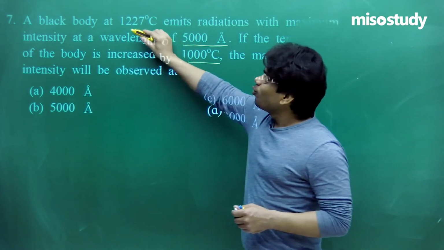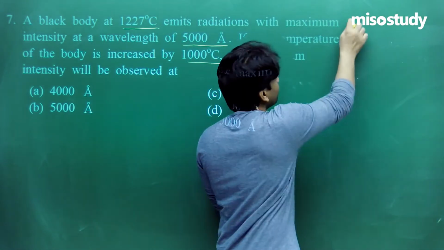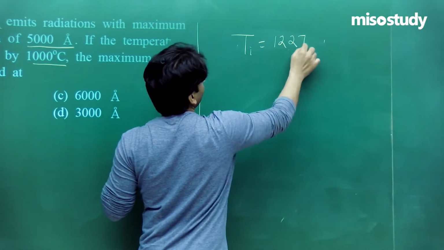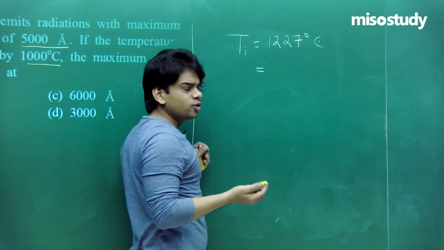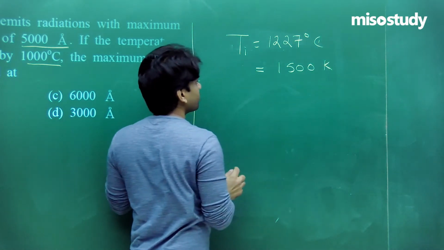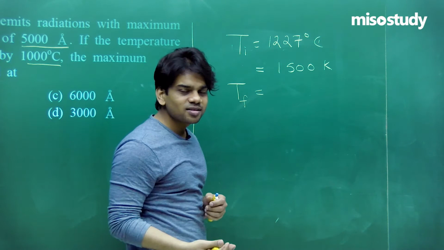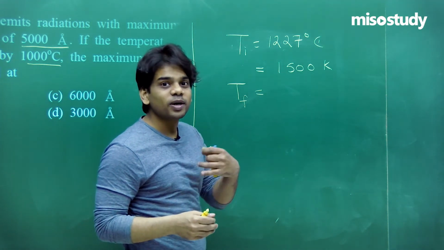Black body at 1227 degrees Celsius. So the initial temperature is 1227 degrees Celsius. If I convert it into kelvins, this will be 1500 Kelvin. The final temperature is increased by 1000 degrees Celsius, so in kelvins it will also be increased by 1000 Kelvin.